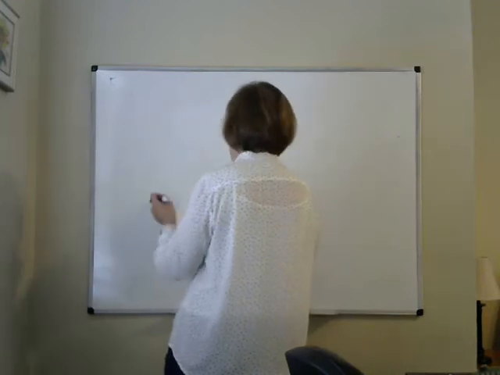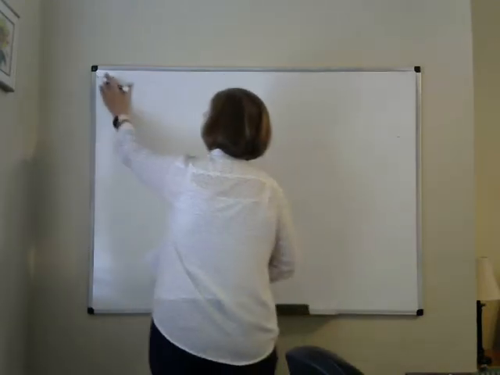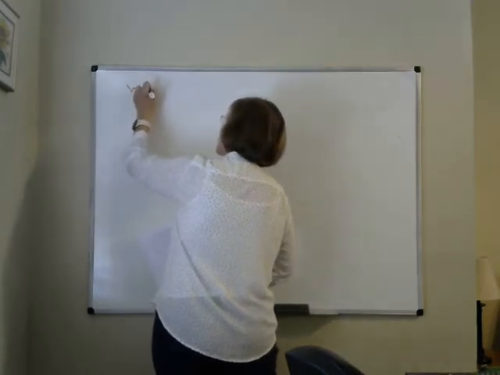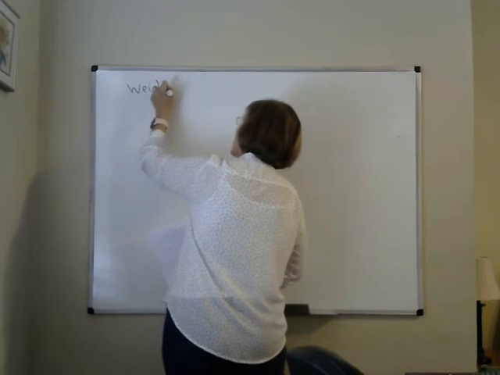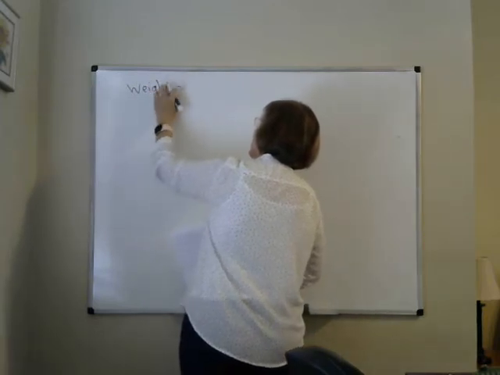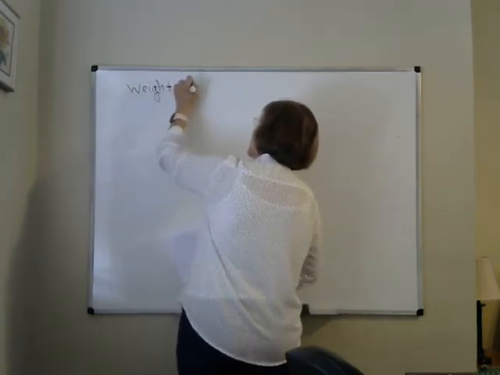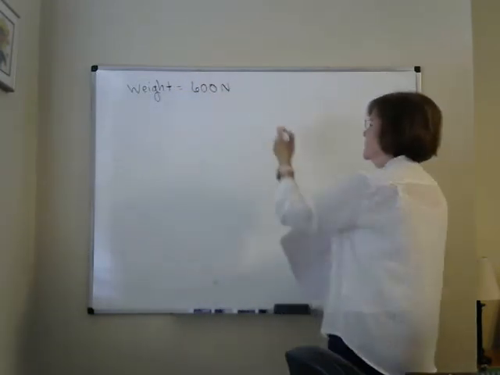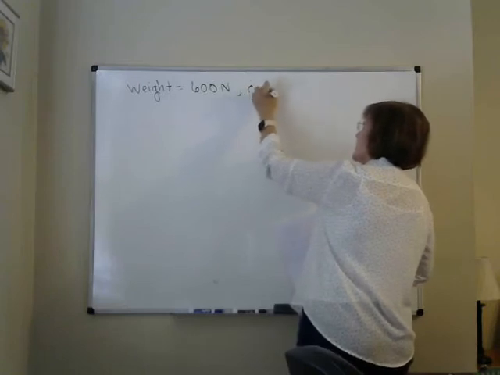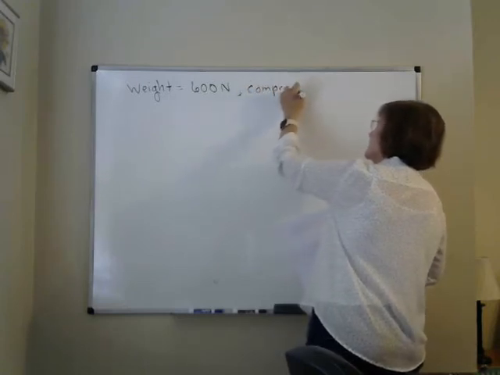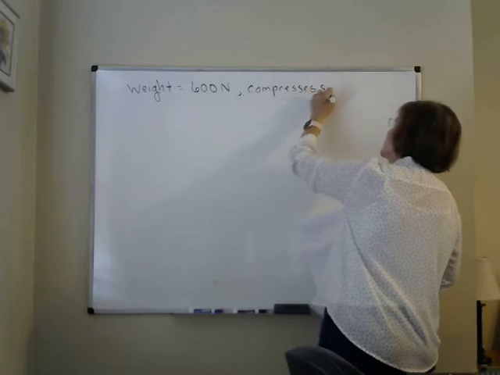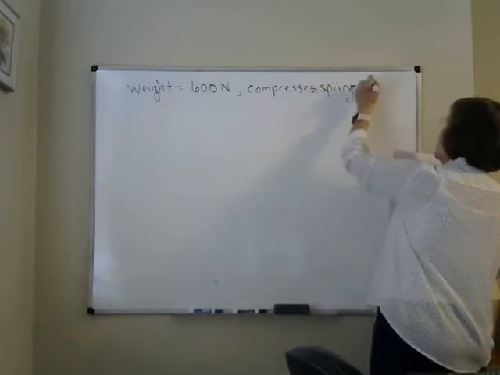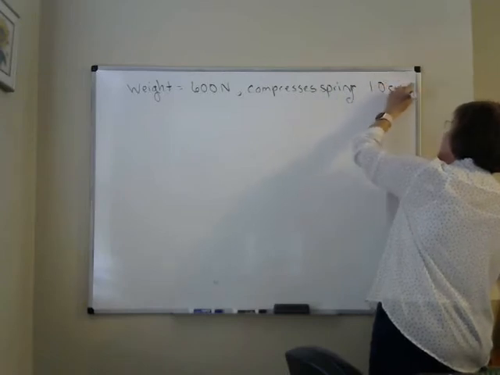It says a woman steps on a bathroom scale and she weighs 600 newtons, and in doing so she compresses the spring one centimeter.